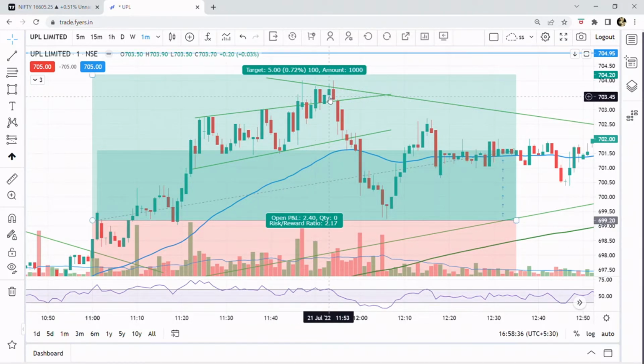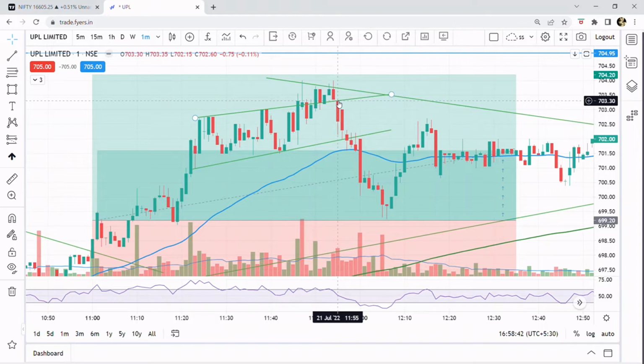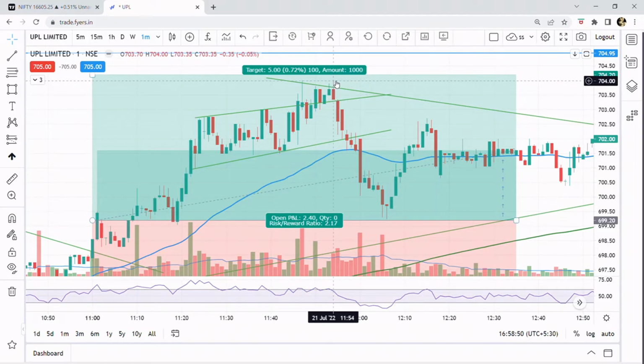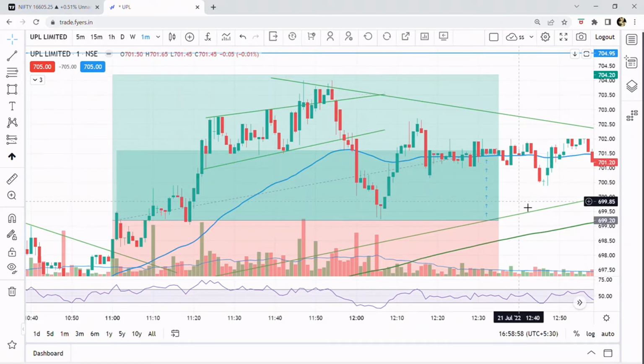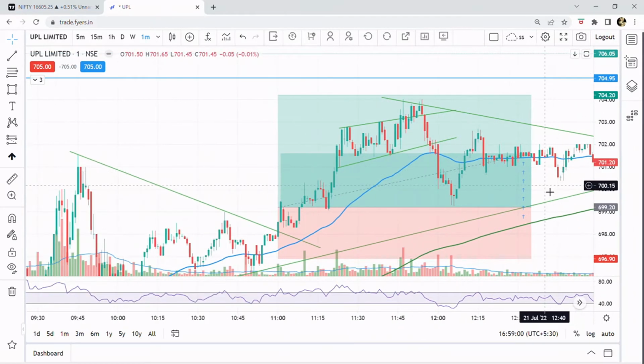It went up and again started making this inverted hammer candle. So I thought I'd close the trade at market, because I do not want to go to 1:1 again, since I had almost reached 1:2. So I closed my trade at 704. I can say it hit target, because 0.20 points doesn't matter.